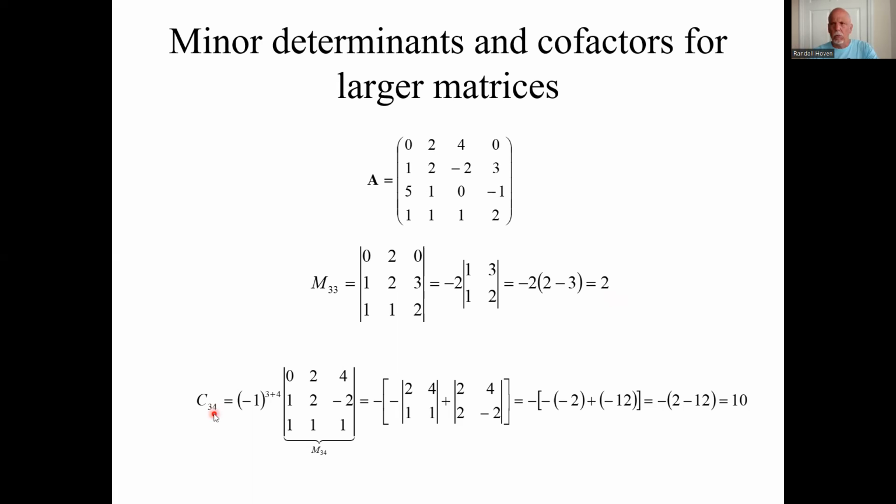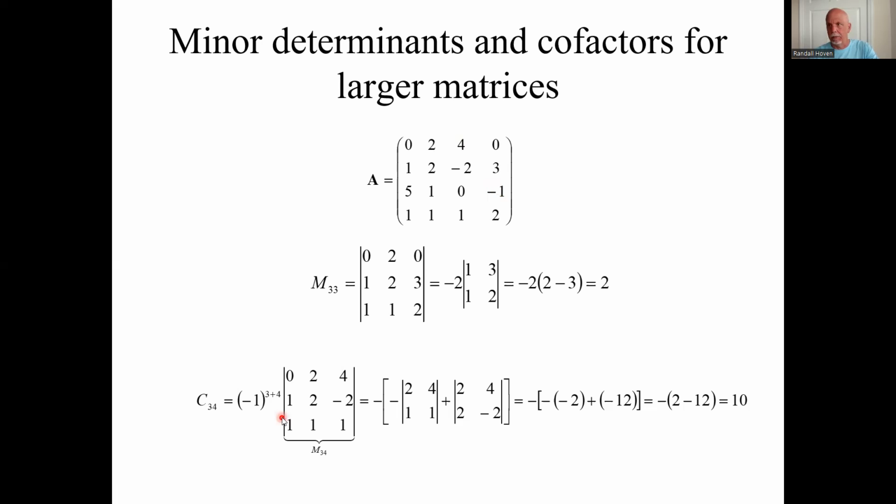Let's say the 3,4 cofactor. Let's see, row 3, column 4. What's left should be 0, 2, 4, 1, 2, minus 2, 1, 1, 1. And here's the 3,4 position. We've got plus, minus, plus, minus, plus, minus.